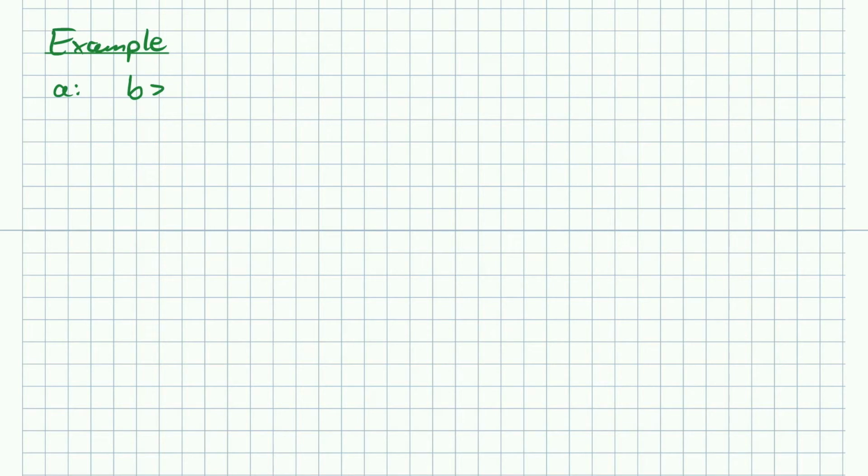Agent A preferred house B over house C over house A. Agent B preferred house A over house C over house B. And Agent C preferred house A over house C over house B.